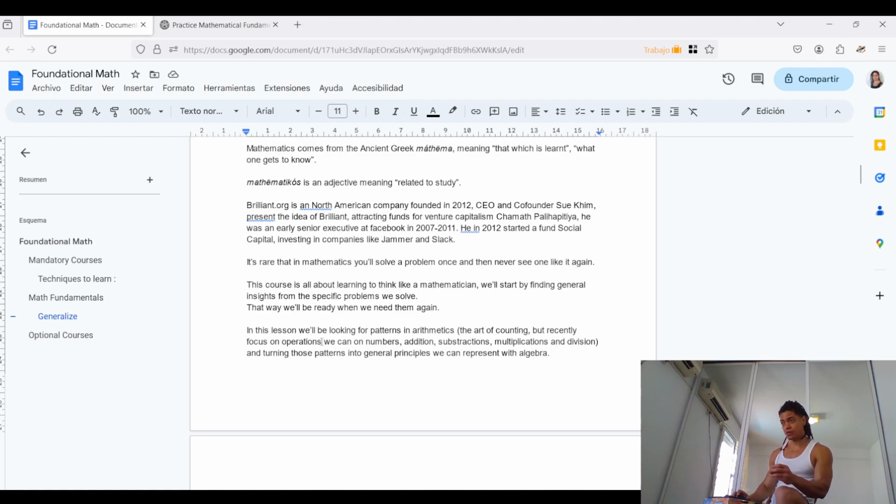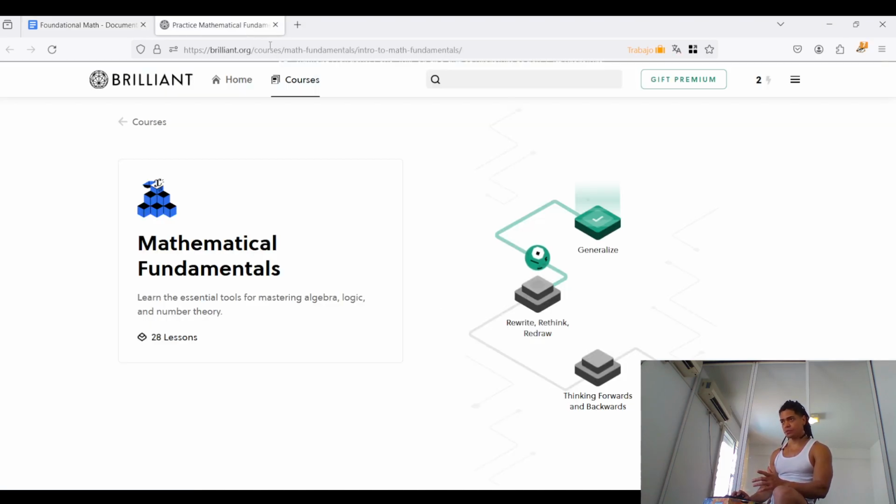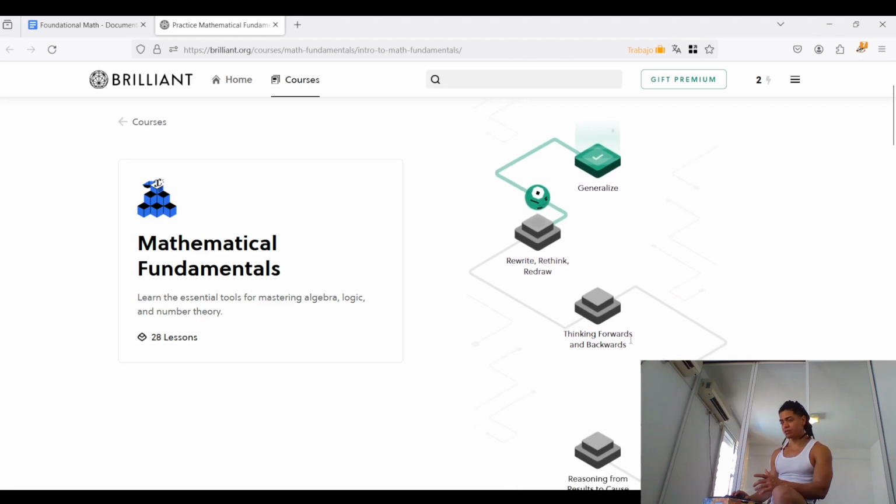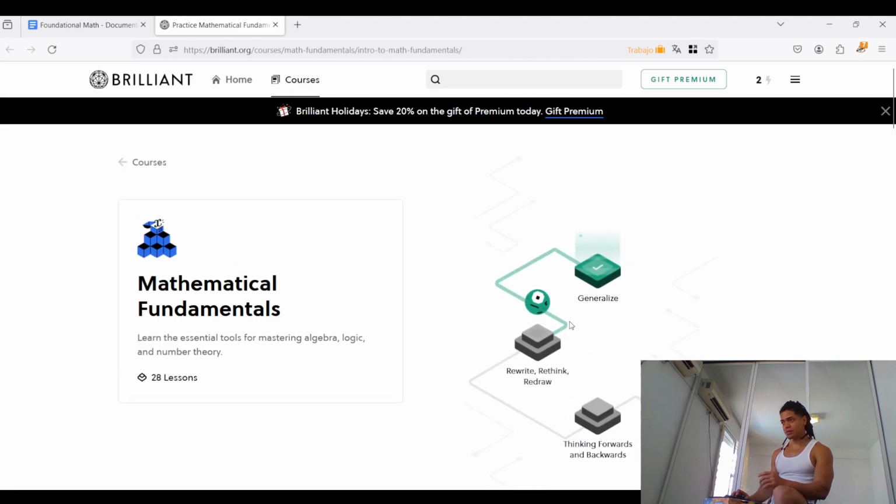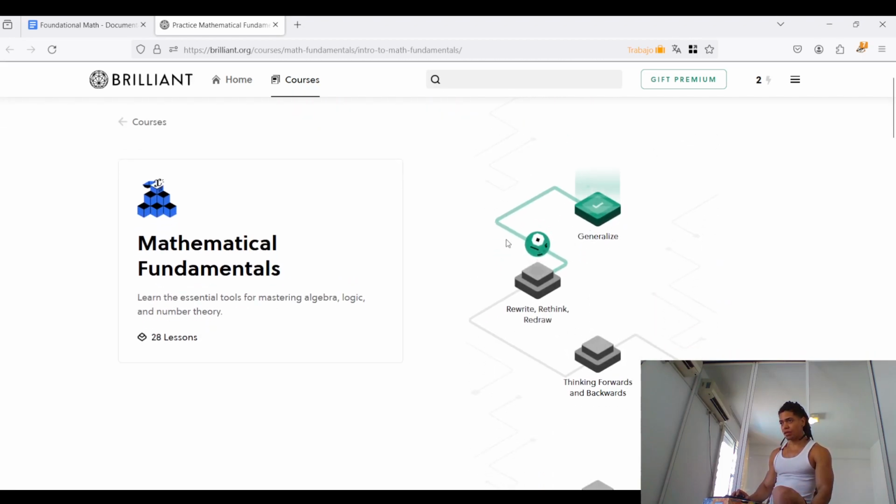And here, the lesson we're going to look at is patterns in arithmetic at the beginning. Arithmetic, another Greek word, from arithmos or arithmetike, can translate into the art of counting.